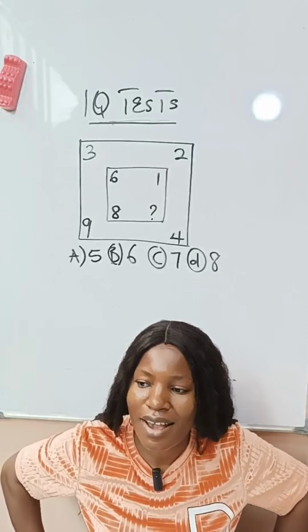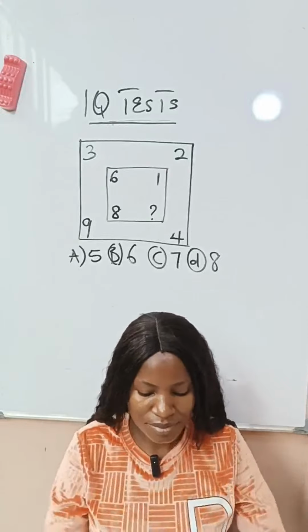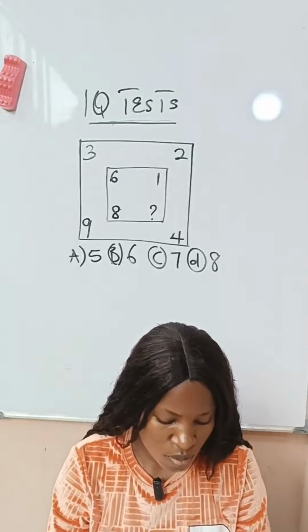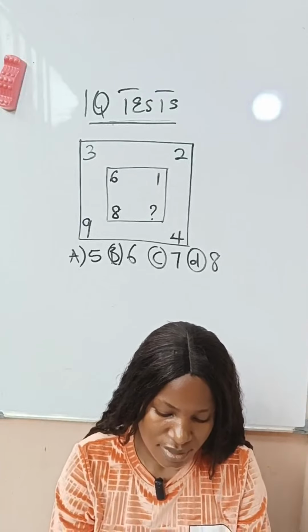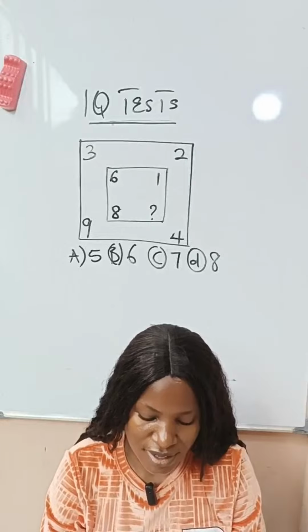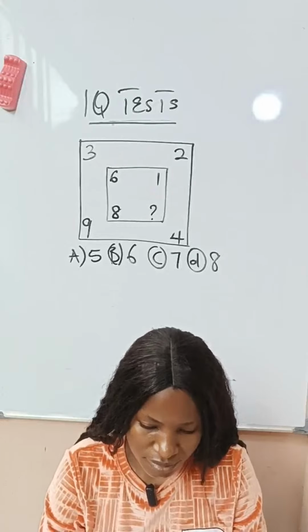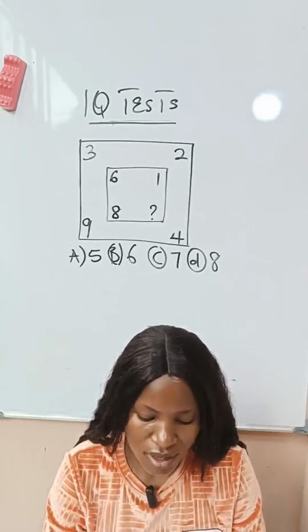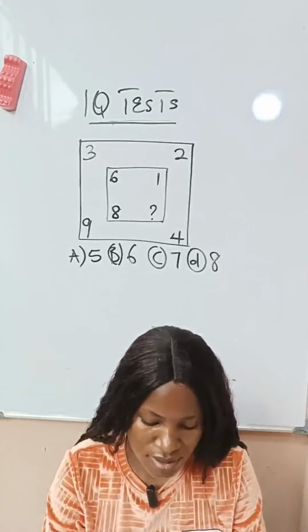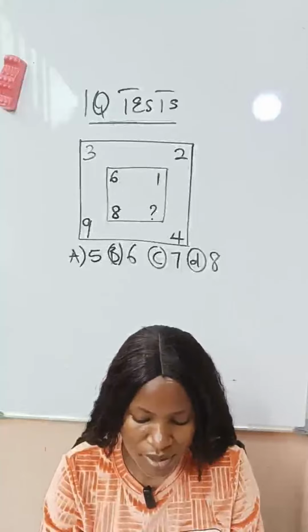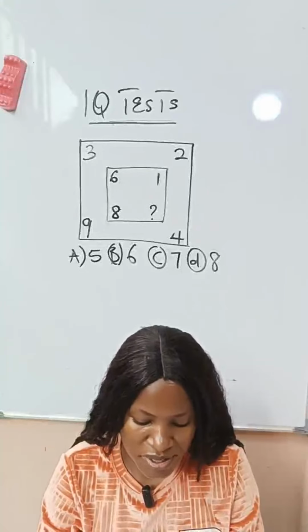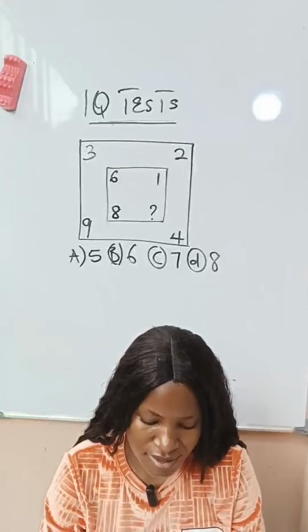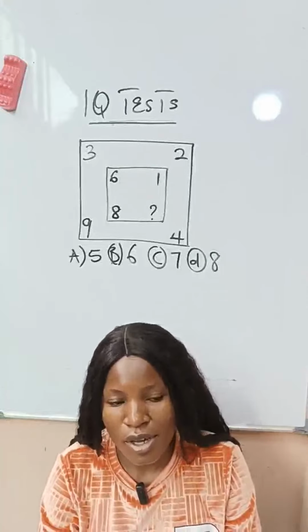Jugu is saying the answer is 7. Kasky says I don't know. Okay, just keep trying. I love your honesty, Kasky.